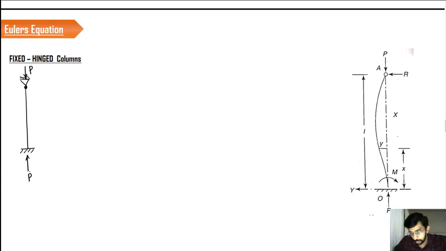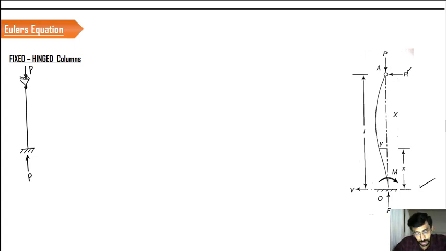So the free body diagram is given over here, where we can see that the axial load P is there on either side of the support, and at the fixed support you can see a reactive moment. Because of the presence of this reactive moment, a reaction will develop at this end.